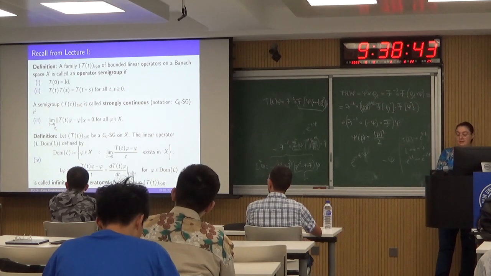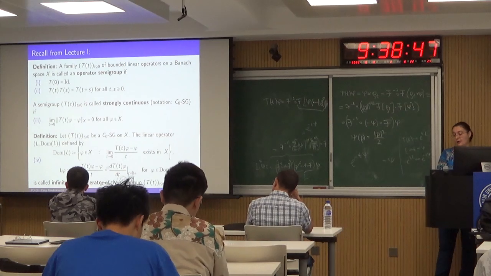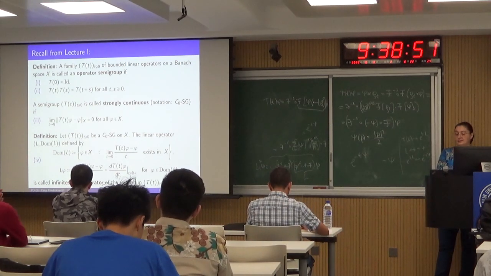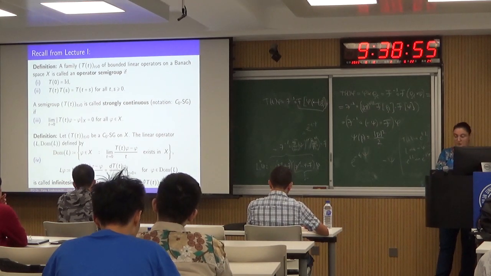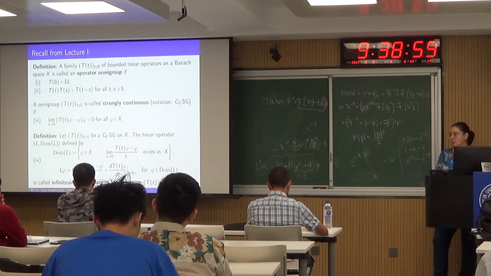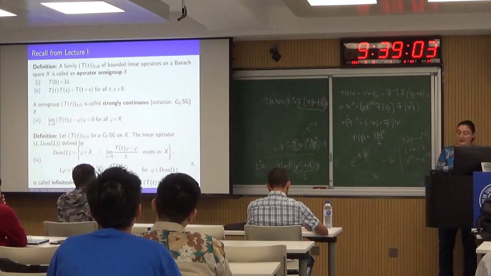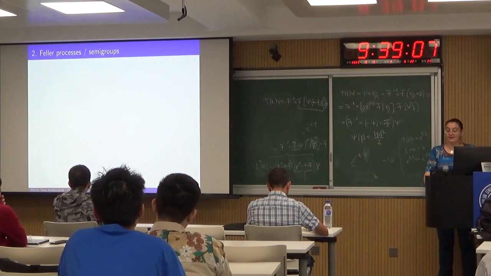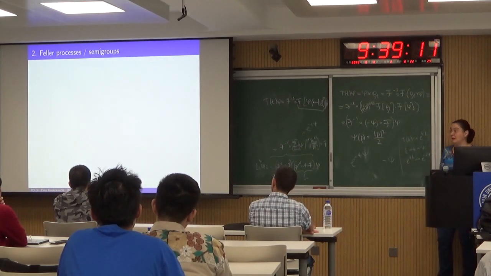And we define its generator as the derivative at 0, or right-hand side derivative at 0, taken pointwise for those points where the limit exists. Okay, so now we are finished with the preliminaries, and we finally start the topic of today's lecture, semigroups and Feller processes.